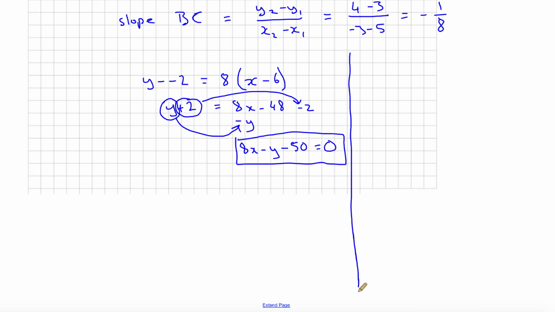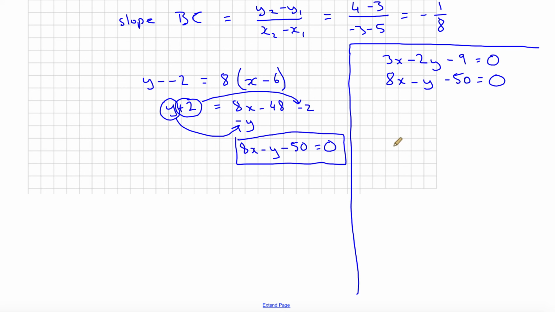I'm going to do this over here. 3x minus 2y minus 9 is 0. And then I have this one here, which is 8x minus y minus 50 equals 0.